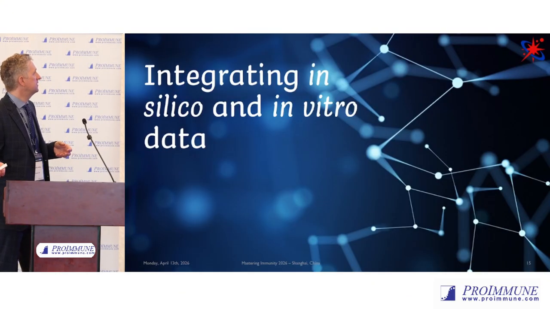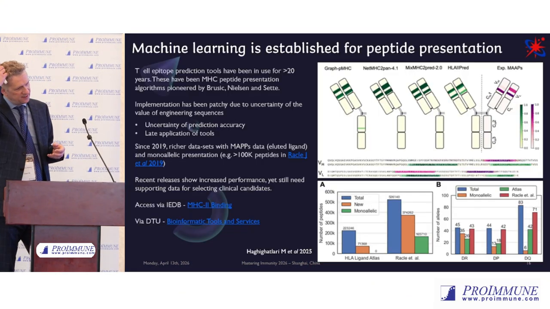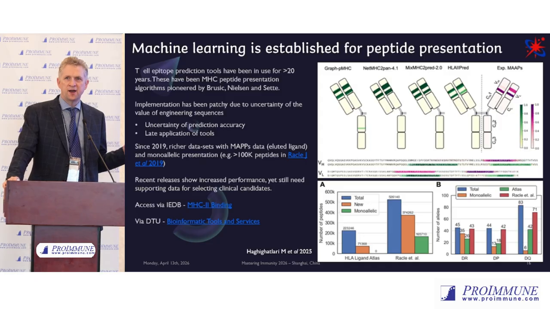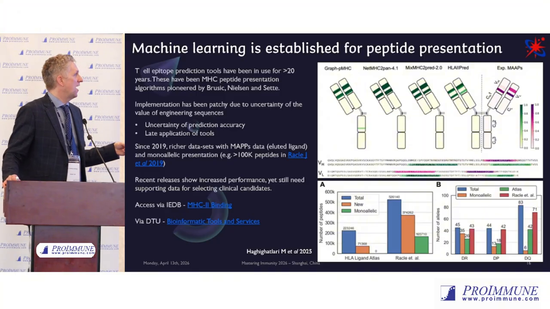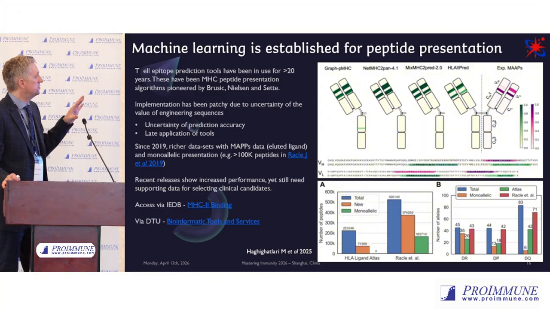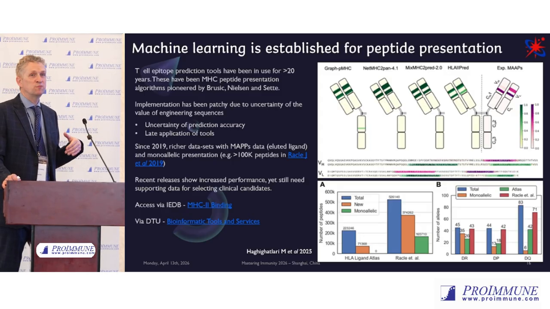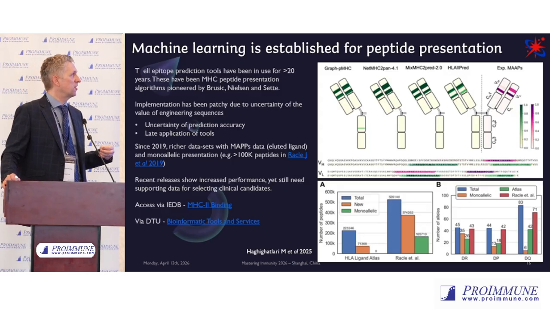So thinking about integrating data. This is quite a challenge. As shown earlier, the immune system is very complicated. We do have a good understanding of aspects individually. And one of the areas which over the last 20 or more years has really improved is this in silico piece.